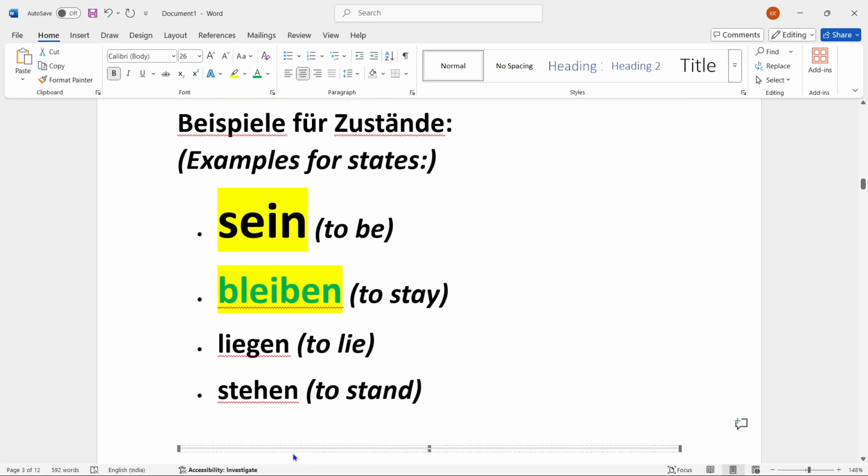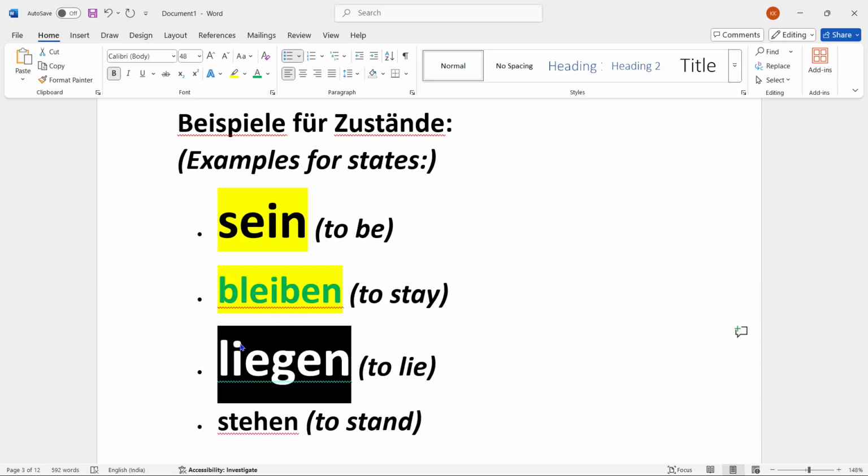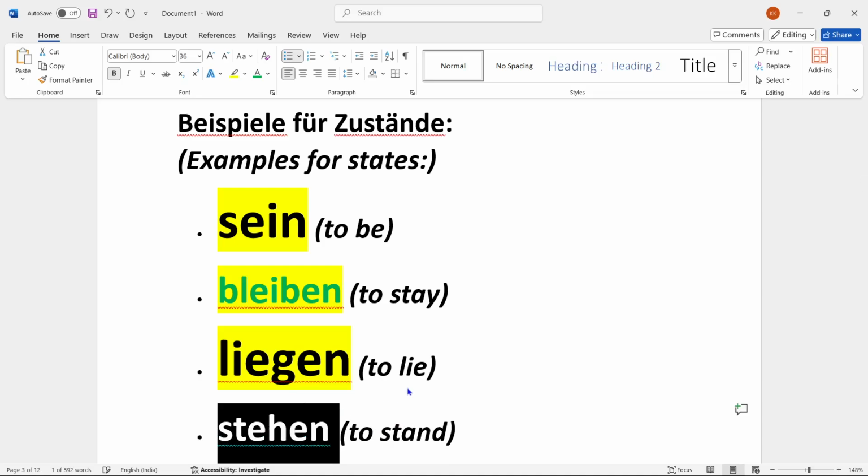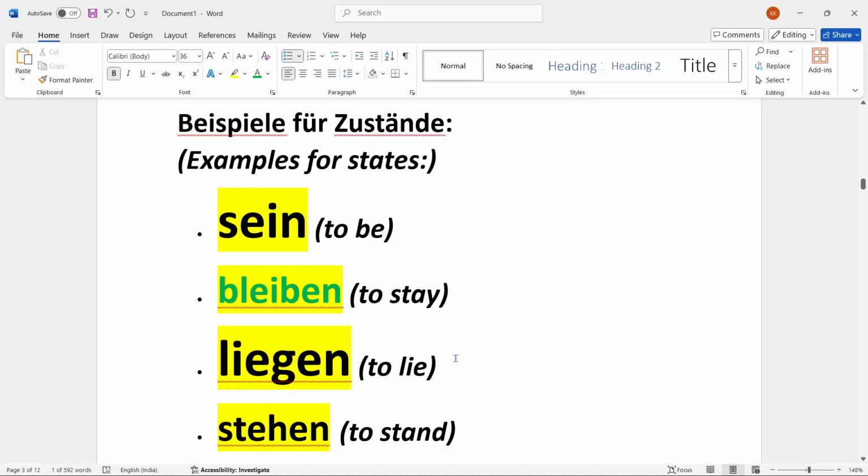Liegen. To lie. Stehen. It means to stand. So these all are the verbs.